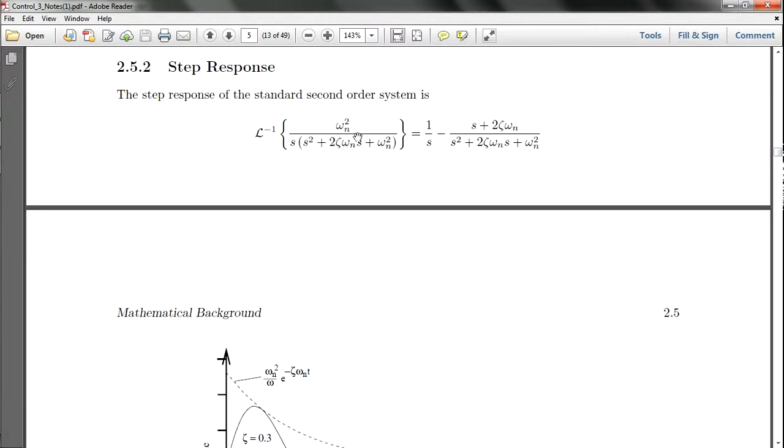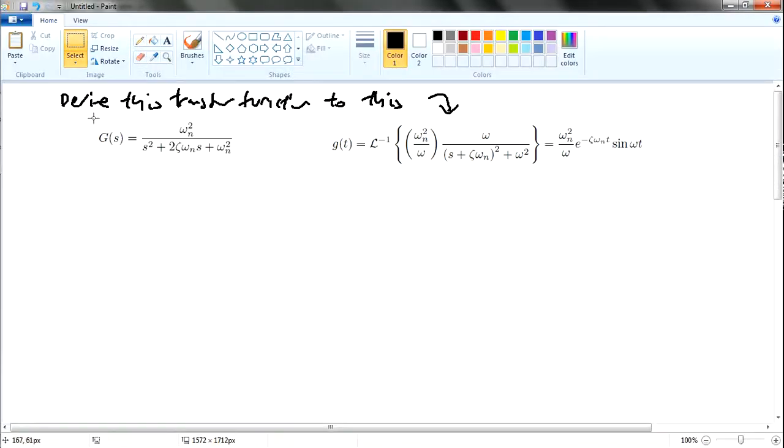So let me derive this for you. You have to derive this transfer function into this thing. How are you going to do it? The first step is to use completing the square, if you remember.